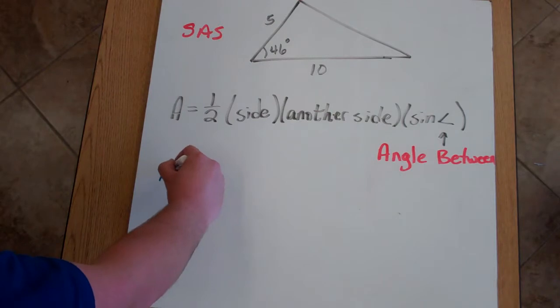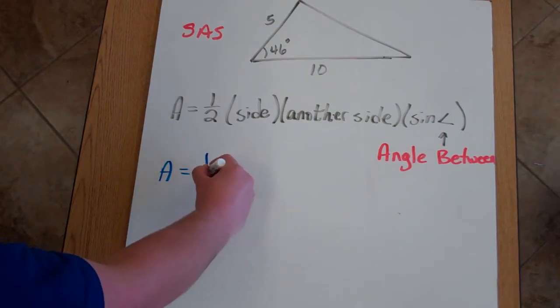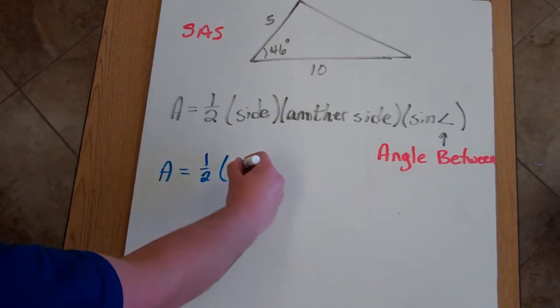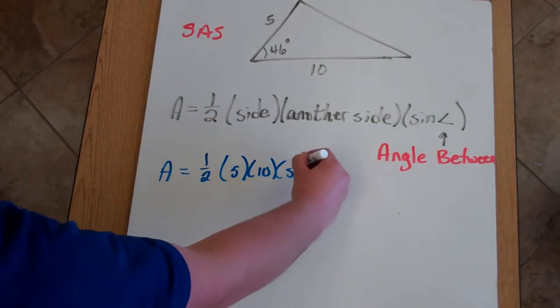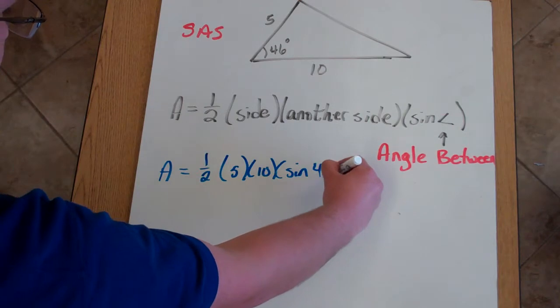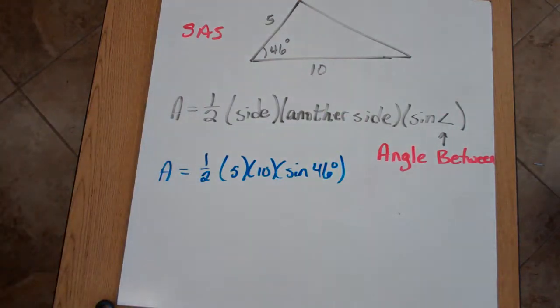So, our area is going to equal 1/2 of 5 times 10 times the sine of 46 degrees. Now, what you would do is grab your calculator and take the sine of 46 degrees.